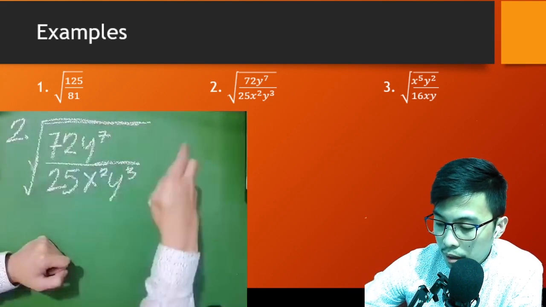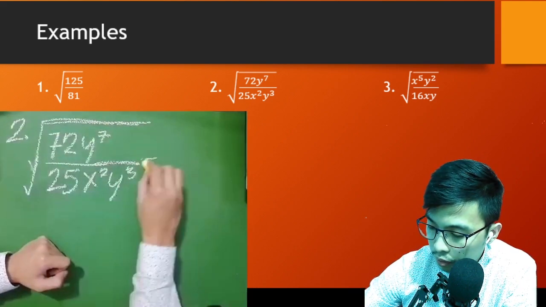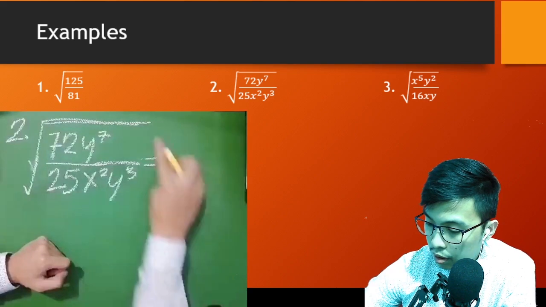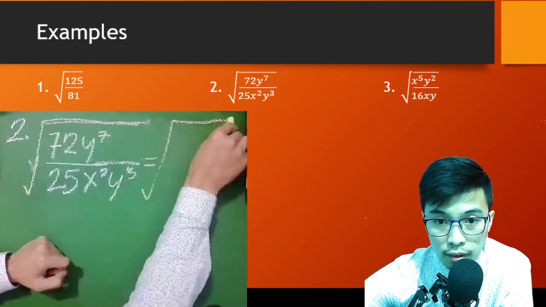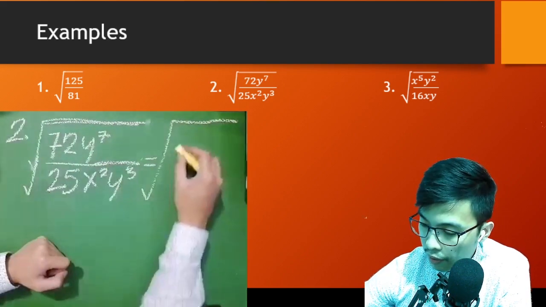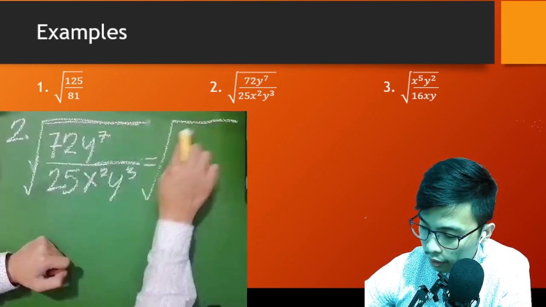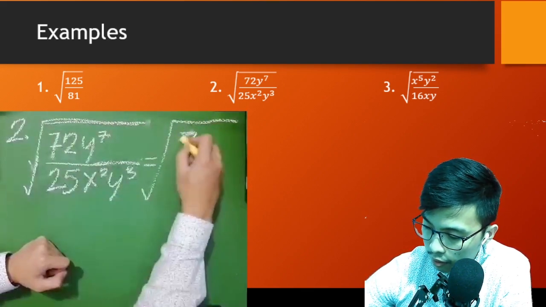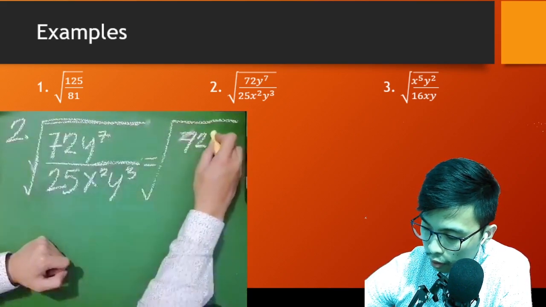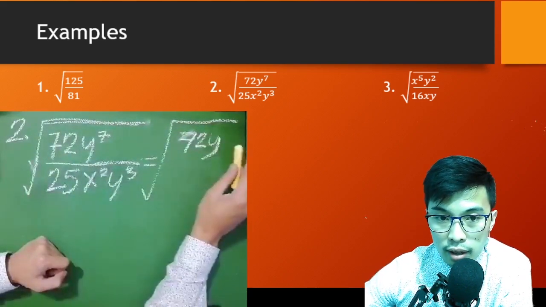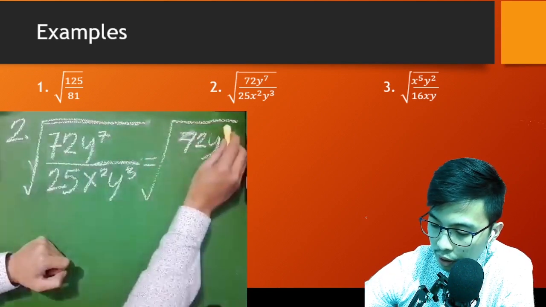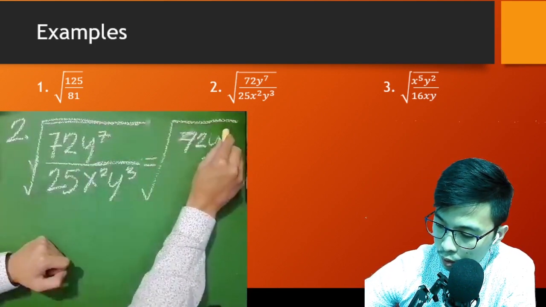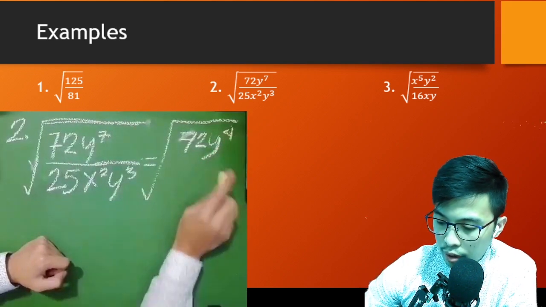So I'll just rewrite this. Left part. Okay, 72 y raised to the power of 7 minus 3, that is equivalent to 4. Okay?